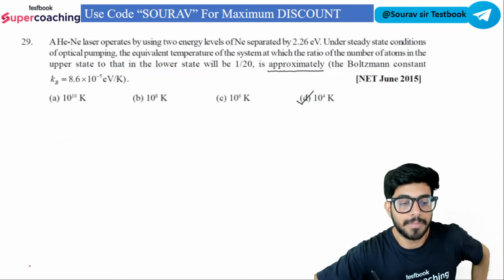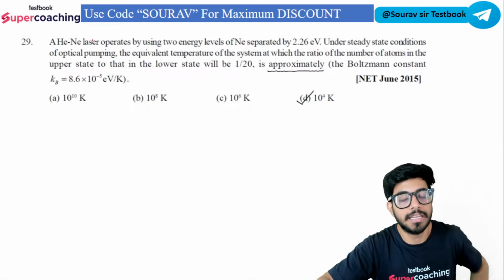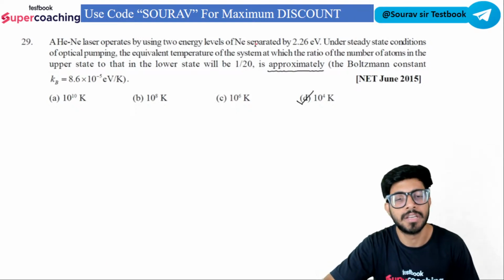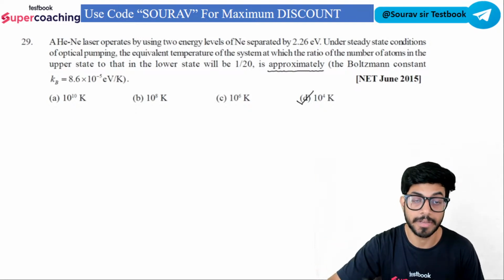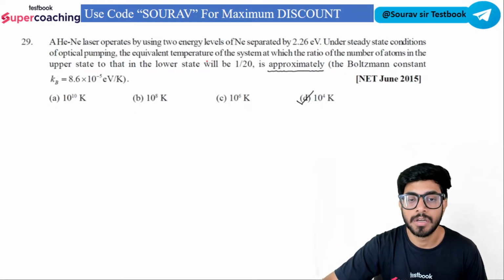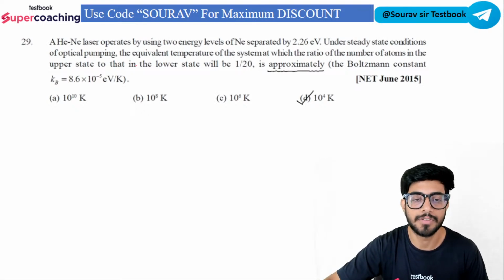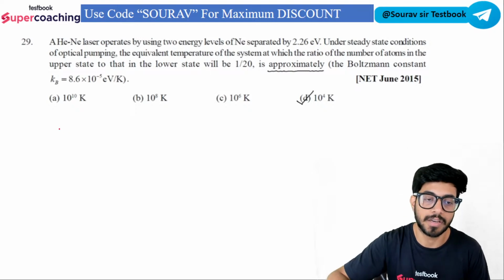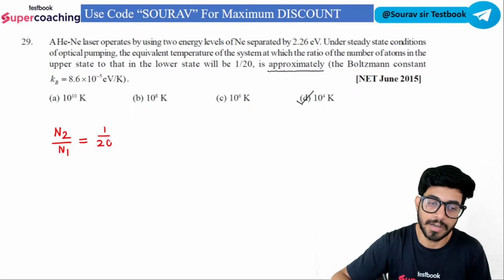What is being said in the question: it asks whether a helium neon laser operates by using two energy levels separated by this, under steady state condition, meaning when equilibrium has been reached. It has been mentioned that the equilibrium temperature of the system is such that the ratio of the number of atoms in the upper level to that in the lower level is 1 by 20. So N2 by N1 is 1 by 20.